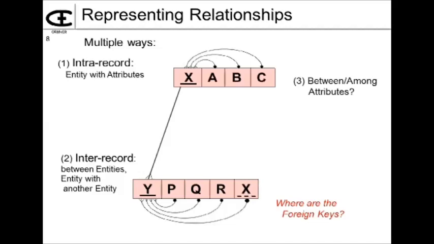There are no relationships among A, B, and C. Because if there are, they're either not represented here or you're violating one of the normal forms. But just the mere fact of putting them together suggests that there's a relationship. Okay?